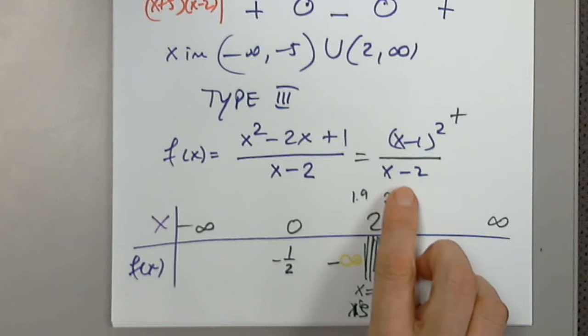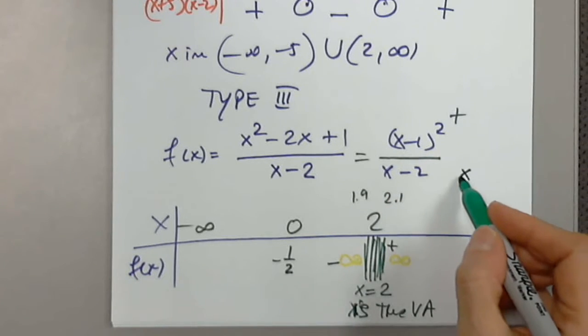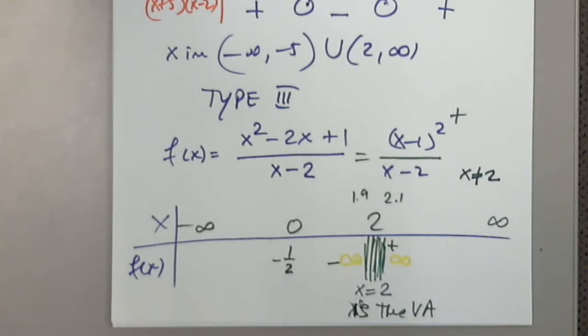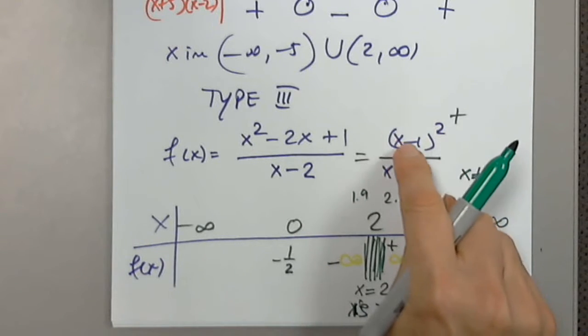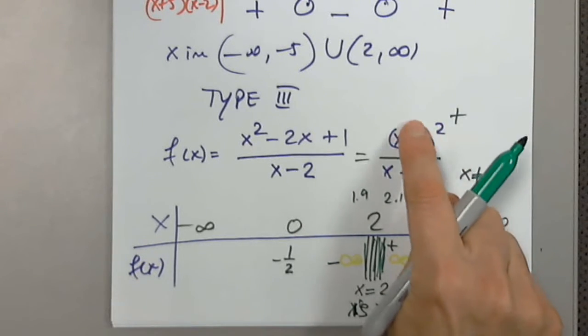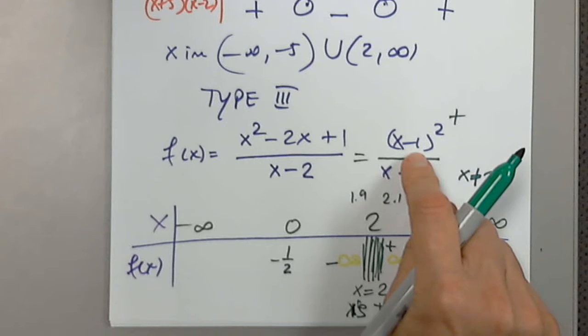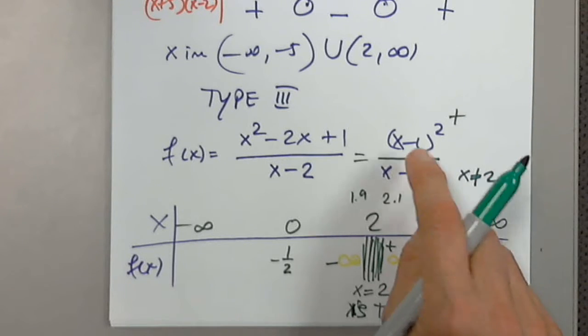I already know it's undefined at 2. X cannot be 2. But when is a fraction 0? When the numerator is 0. So when is this numerator 0? For which x? You said it, Alex, earlier. For which x is this 0? 1, indeed.